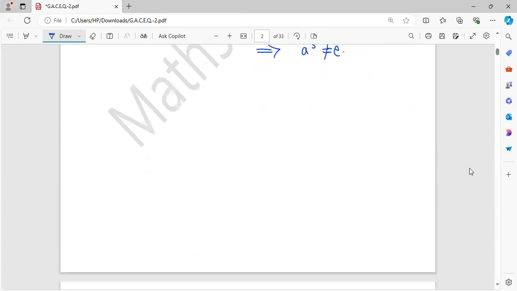Now, next, what is sigma? What is sigma of a to the power 5? It will be a to the power 5 squared.